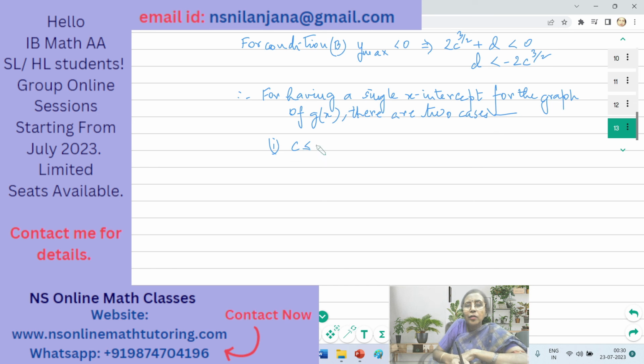Either c is less than or equal to 0, and d belongs to the set of real numbers. d can be any value.